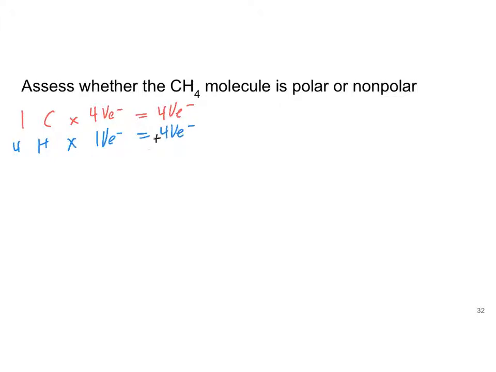And when I add all of that up, I get 8 valence electrons. Okay, so I'm going to draw this with carbon as my central atom in the middle, my hydrogens spread out equally, and I'm going to create bonds, and so that's 2, 4, 6, 8. That's 8 electrons that I've used, and it's 8 electrons that I had.